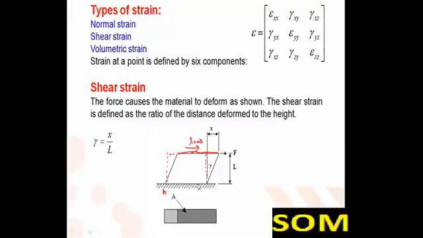The original position is A, B, C, D. Now it is deformed to A, B, D dash, C dash. Shear strain is defined as the distance moved to the height. That is given as gamma equals X per unit original length L.